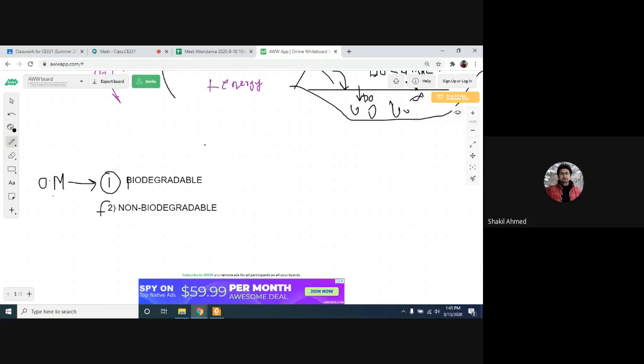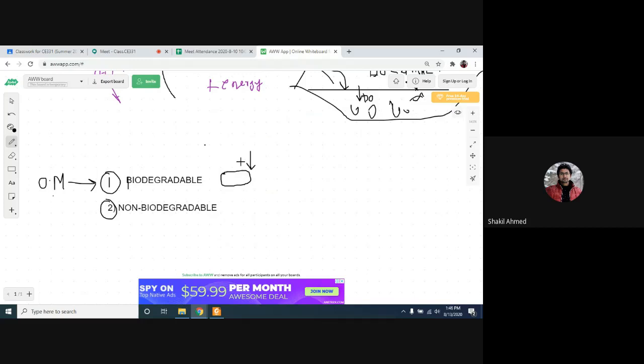For example, in case of biodegradable organic matter, if you put a mango here, with time this mango will rot, right?